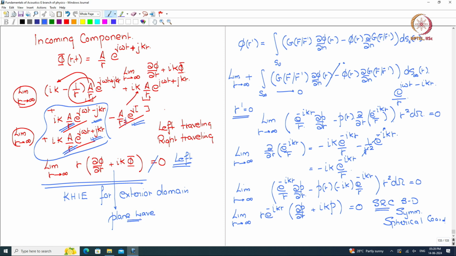The solution is becoming a plane wave. So this is not 0 anyway. So, this becomes limit r tending to infinity, r del p by del r plus i k p is equal to 0. That's the condition.